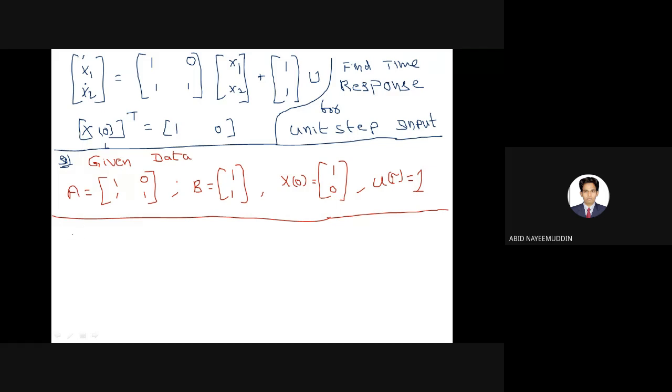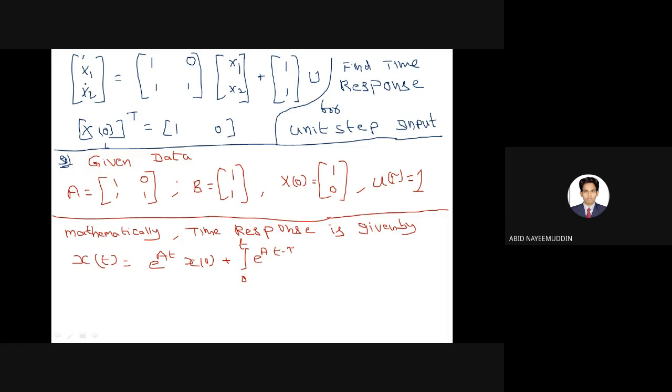Now, mathematically, the time response is given by the formula x of t is equal to e power at into x of 0 plus integration 0 to t e power A into t minus tau into B into u of tau.